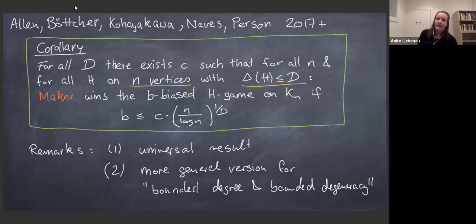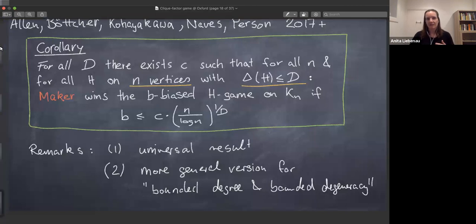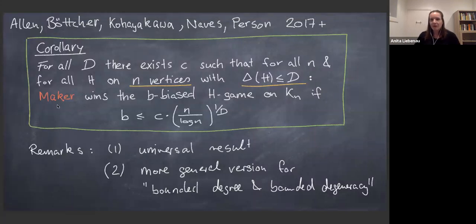And I should also say that they proved a more general version where you replace this bound 1 over d in the exponent by something depending only on the degeneracy, and the bounded degree goes in the multiplicative constant. So that's more general. Good.